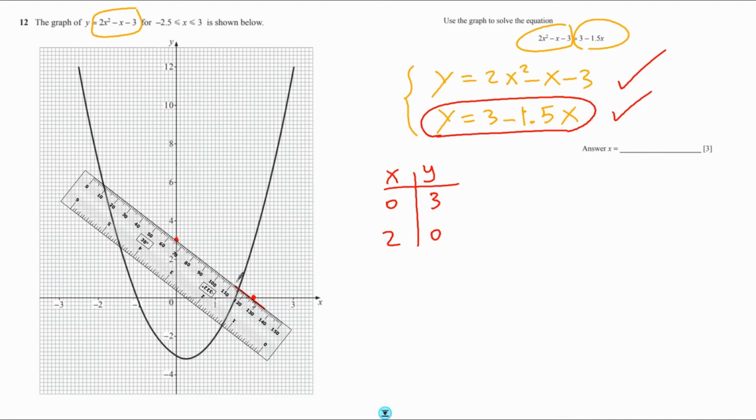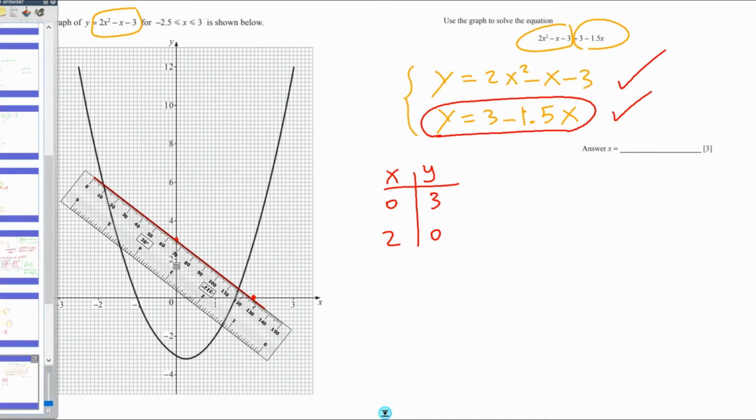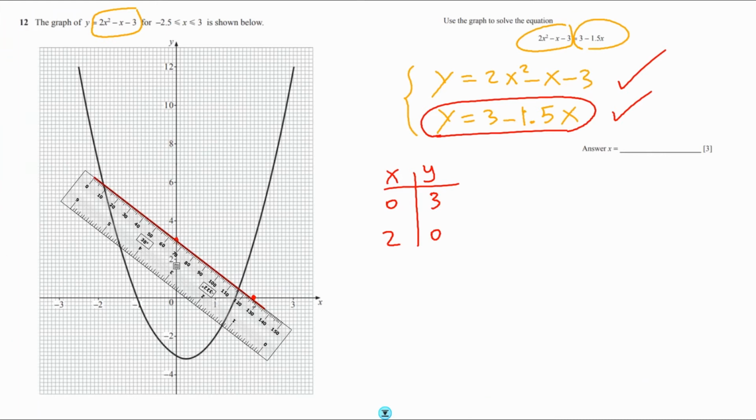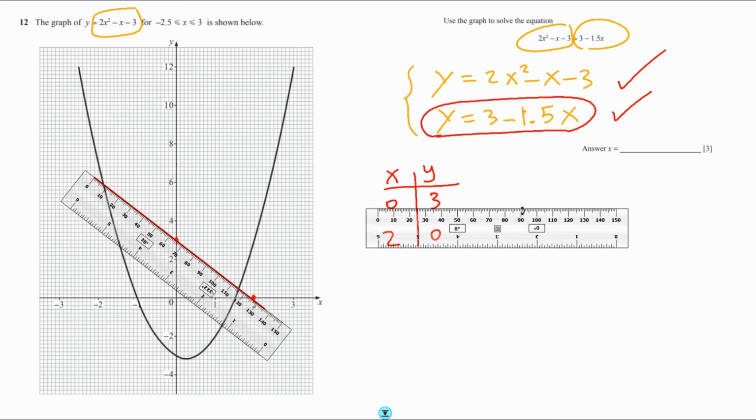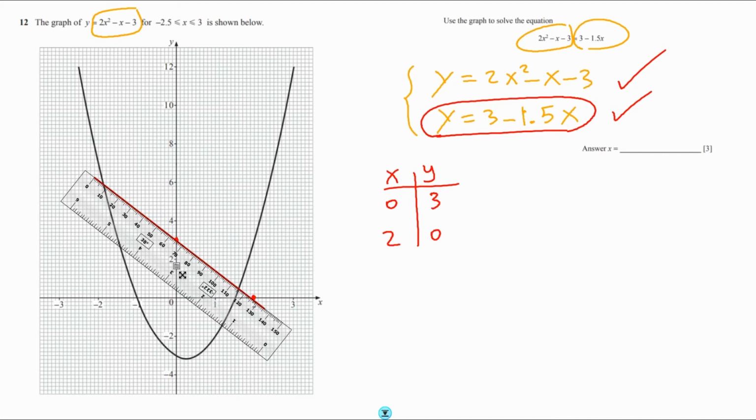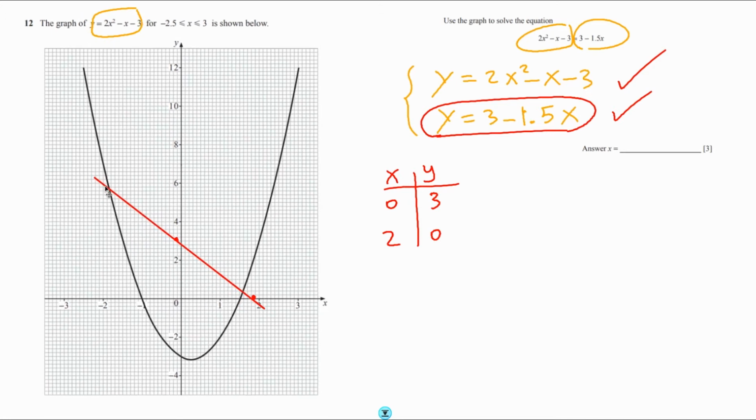So if I connect these two points, this would be the equation of the line that we have. So we have the connection points, which are these.